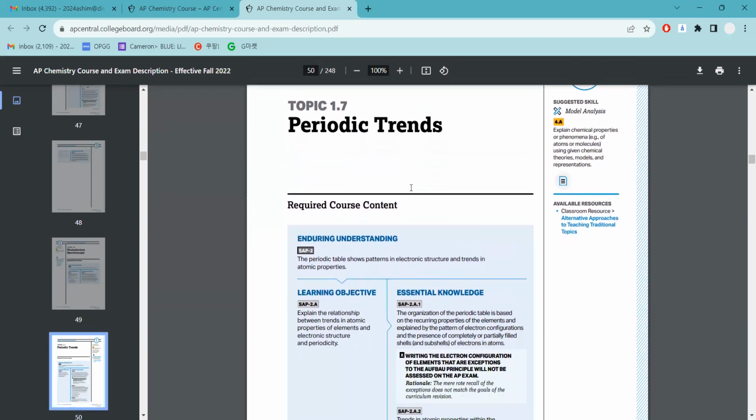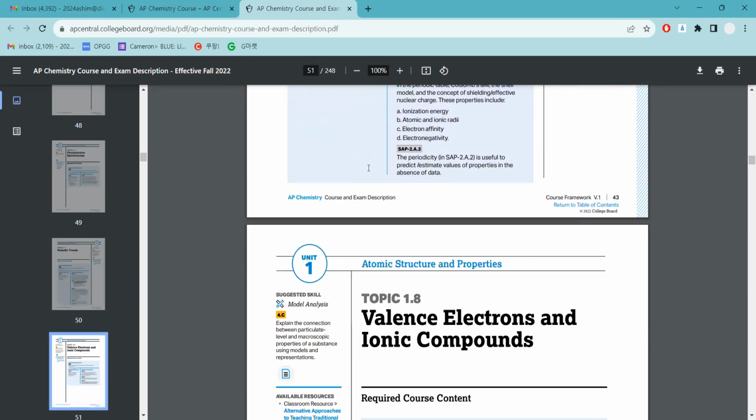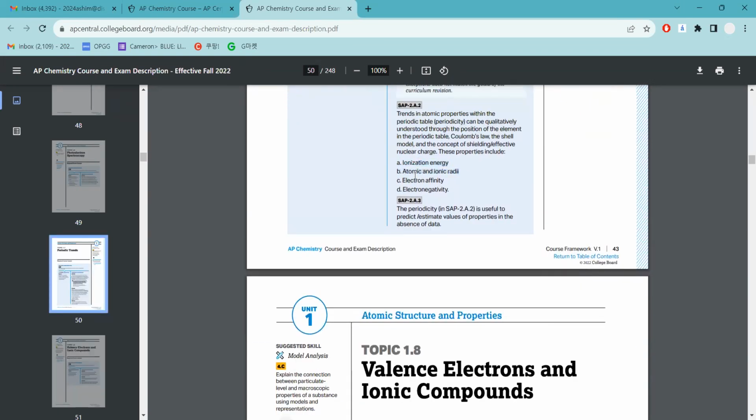And the next is periodic trends. You would have done this during general chem. The objective says explain the relationship between trends and properties. There are a lot of properties that follow based on which way the element goes in the periodic table. I'll be going through this more specifically later on, but there's ionization energy, radius, affinity, electronegativity.